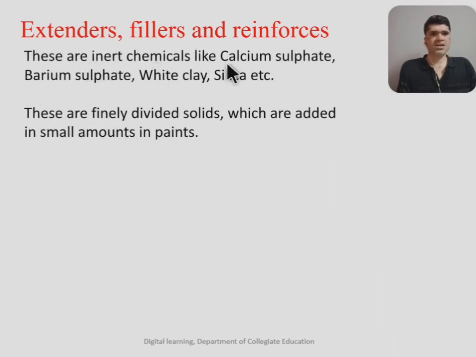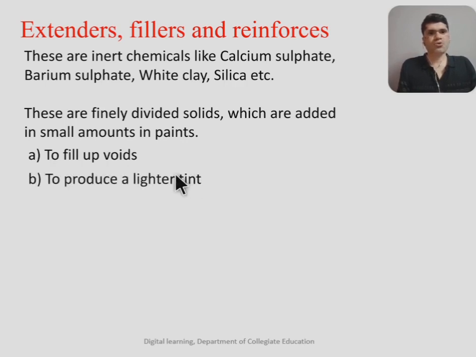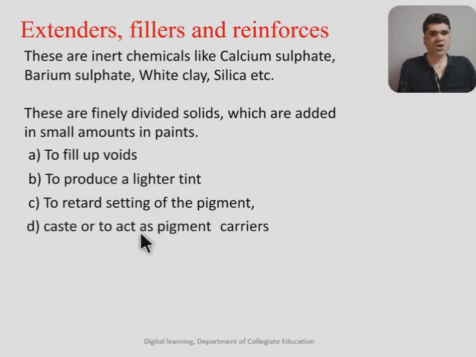These are inert chemicals like calcium sulfate, barium sulfate, white clay, silica, etc. They are finely divided solids which are added in small amounts in paints. Why are these added? One, to fill up voids. Second, to produce lighter tint, to retard settling of the pigment, to reduce cost, and to act as pigment carriers.